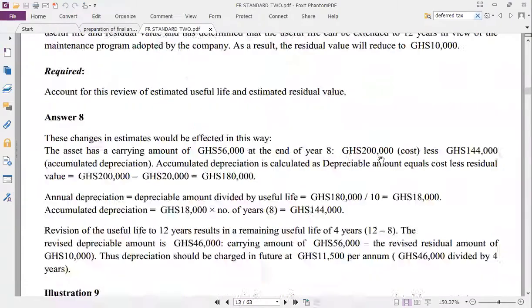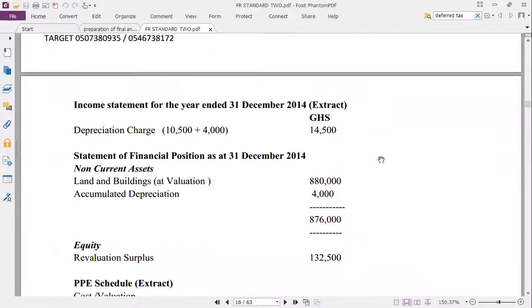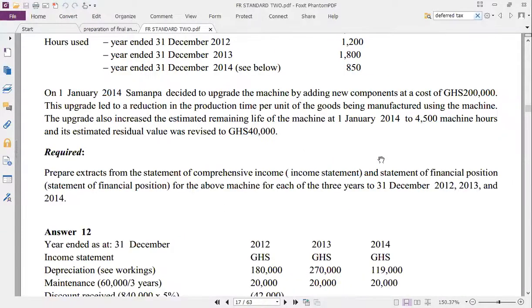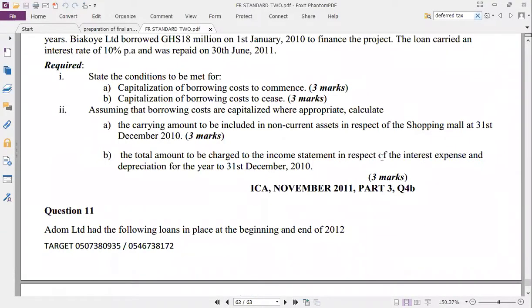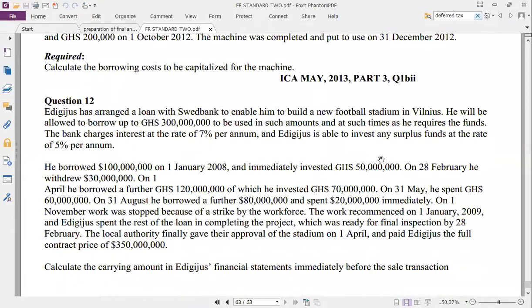So let's go to the tutorial questions. Tutorial question, I think question 7 or so.